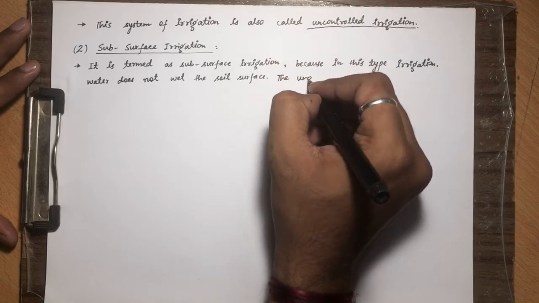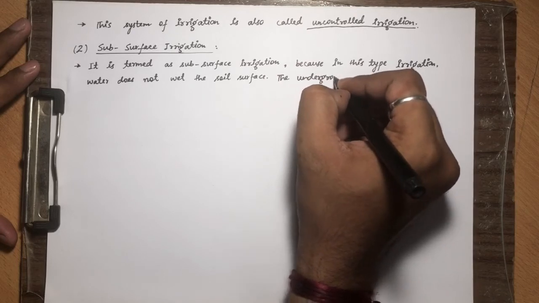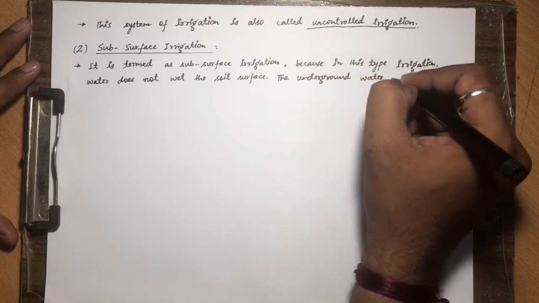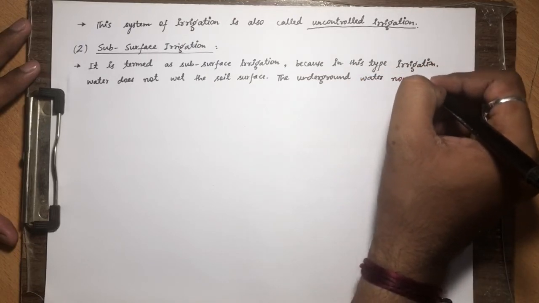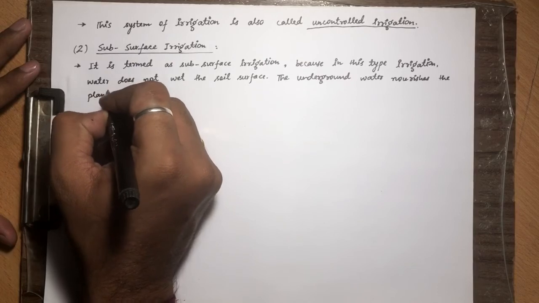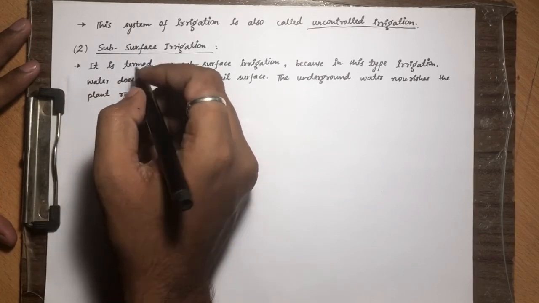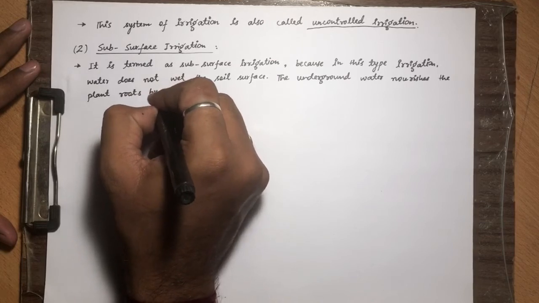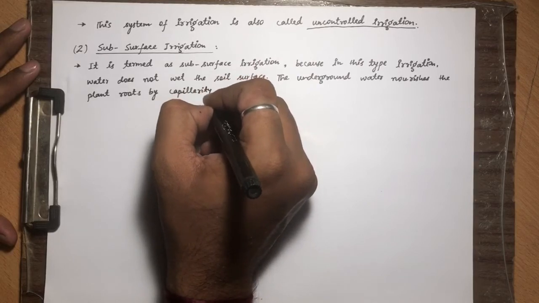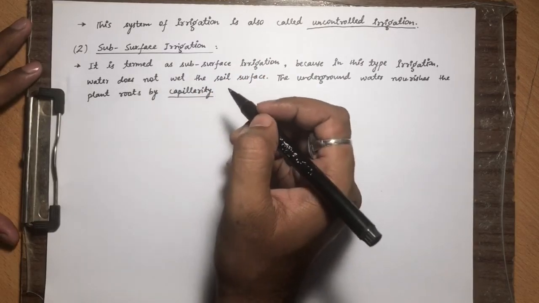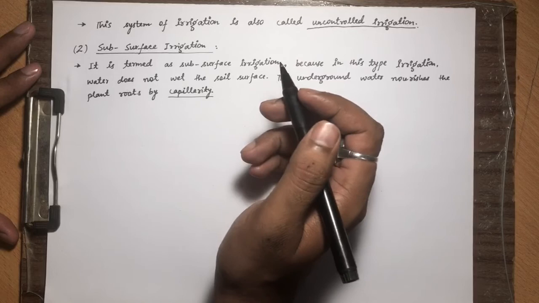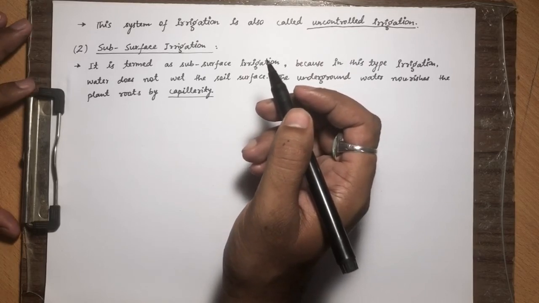So what is happening if we are not wetting the soil surface? The underground water nourishes the plant roots by capillarity. Capillarity is a very common phenomenon. If the diameter is very, very small, the water level will automatically get raised.